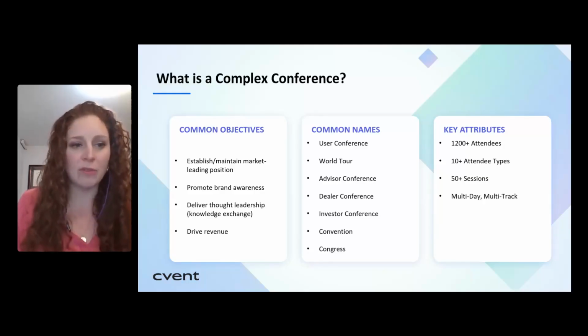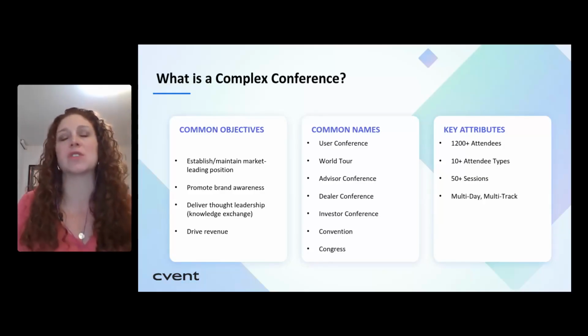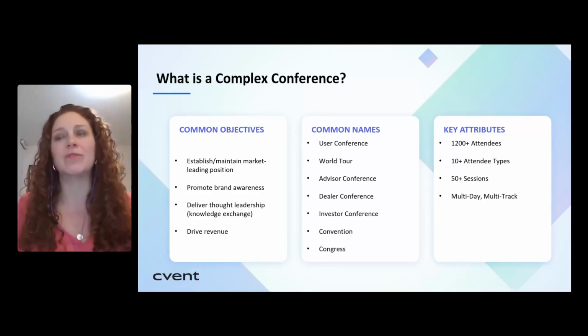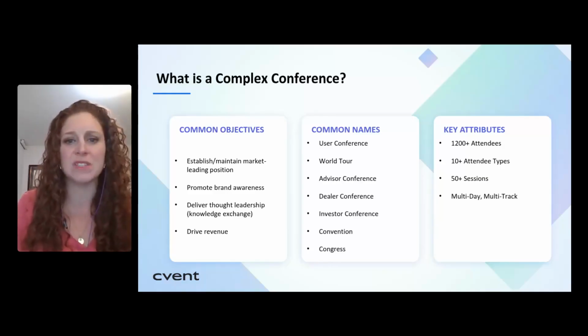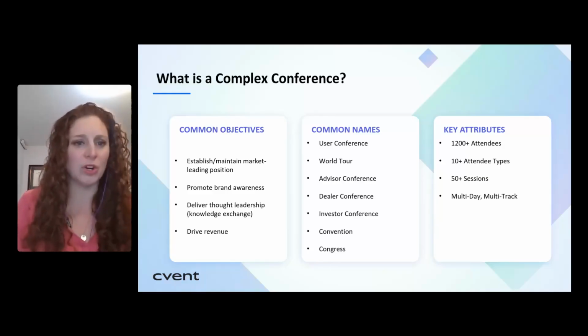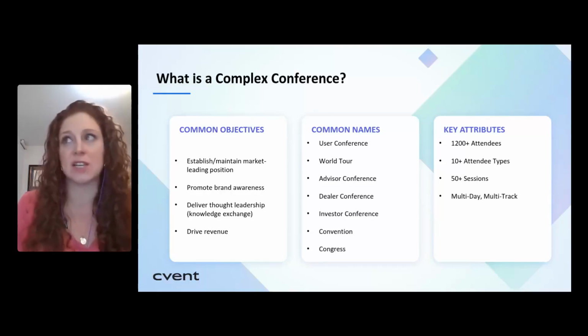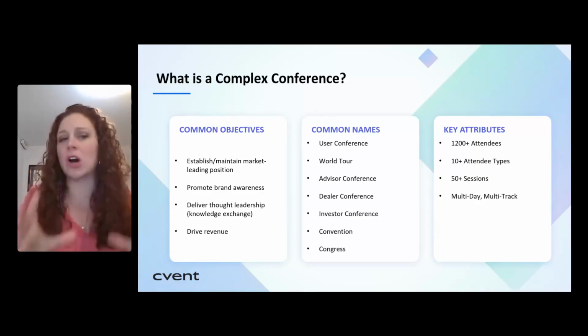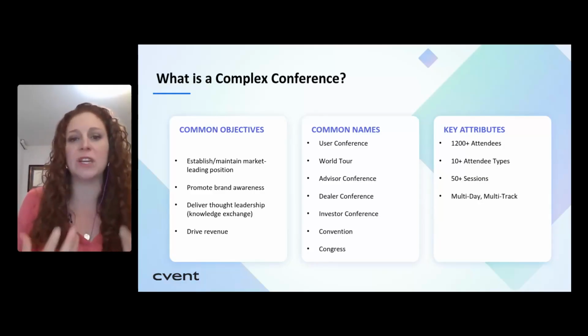You're trying to drive revenue, engage customers. They could be anything from a user conference, a world tour, an advisory conference, an investor meeting, a convention, a congress. They take a whole bunch of different names. We're talking about a large event, though, typically over 1,200 attendees, multiple different attendee types, lots of sessions, multi-day, multi-track. So that's the context through which we will be talking today.